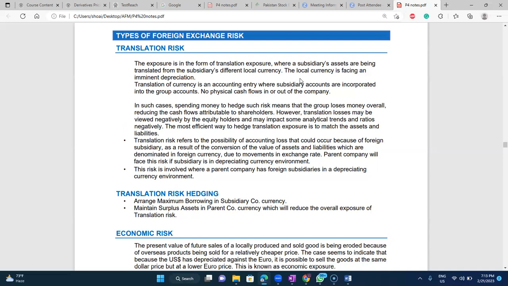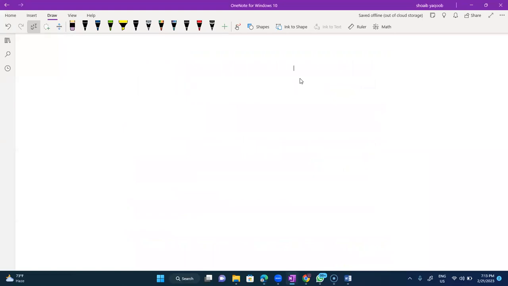So in that Lignum company, there was a case with a subsidiary company and a parent company. For example, these are assets and these are liabilities.